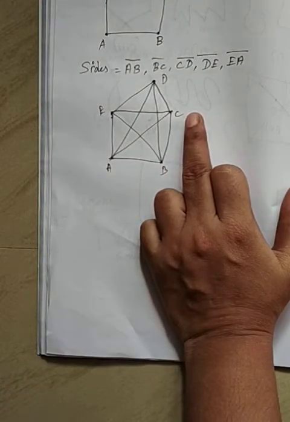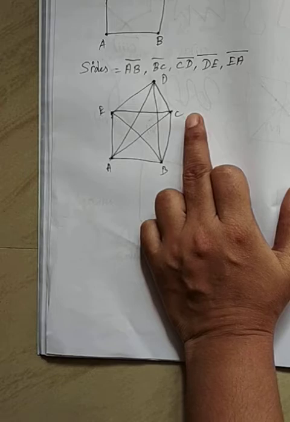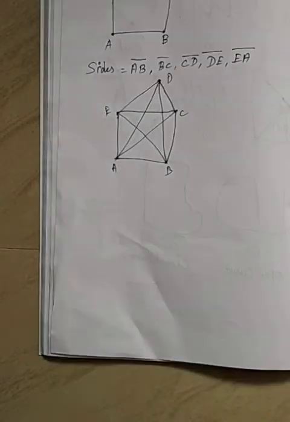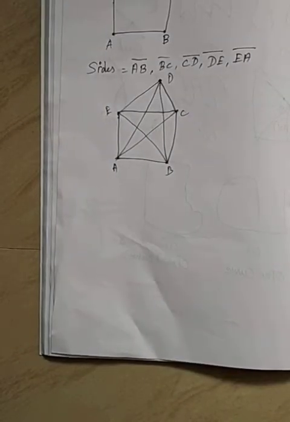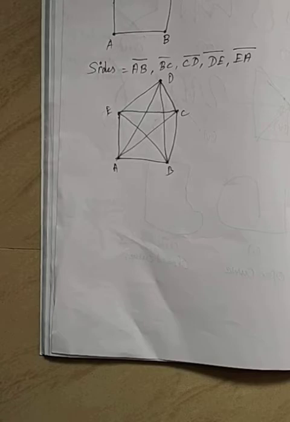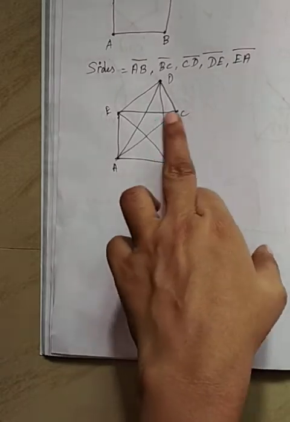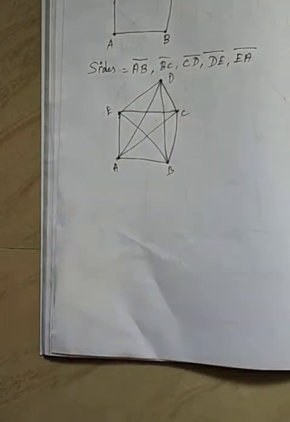If you try to join adjacent vertices, will the result be a diagonal? Just think. Name all the adjacent vertices of this figure A, B, C, D, E. Everybody clear?